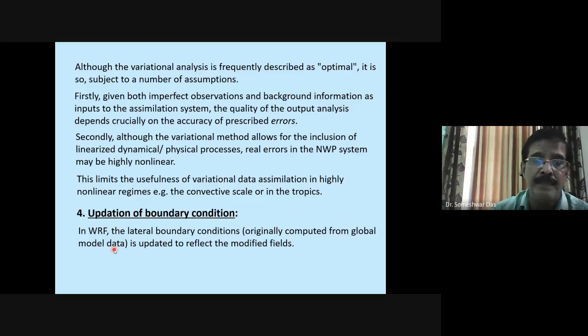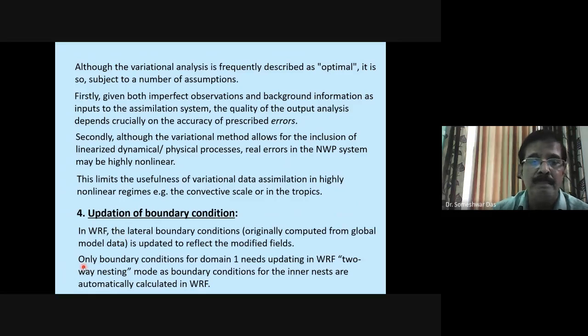So that has to be updated once your new analysis has been obtained in the inner grid points of the model from the new observations, and by combining the new observations and the first guess. So all your inner grid points have become updated because of the new observations, and so accordingly you have to also update your boundary conditions which were originally prescribed from the global model data.